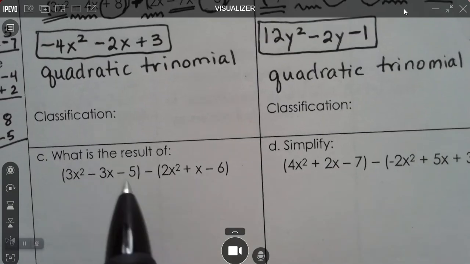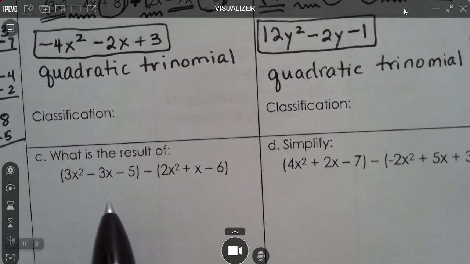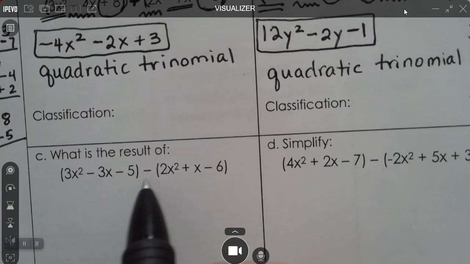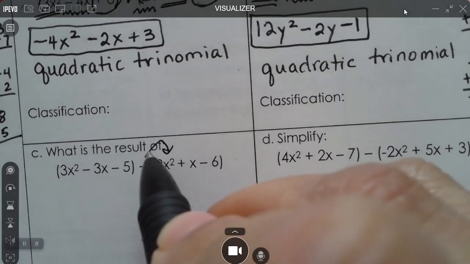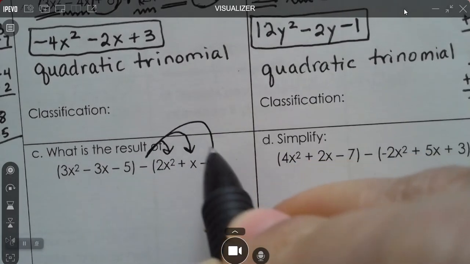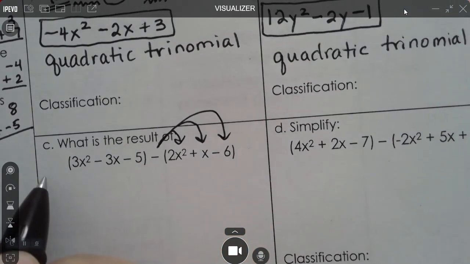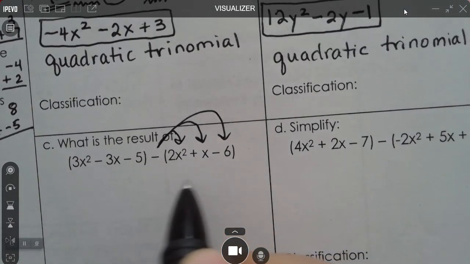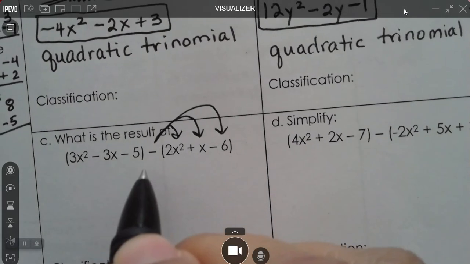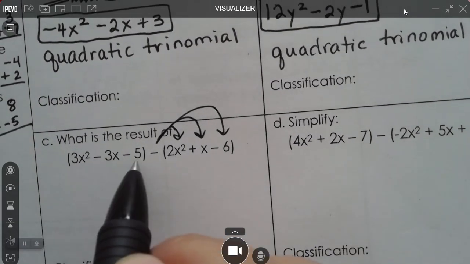All right, the next one is an example with a negative sign. Clear? We need to distribute that negative sign, and when we do that, everybody inside is going to change signs, okay? So this is a case where you can rewrite the second part. So I'm going to rewrite the second part. The first part's going to stay the same.